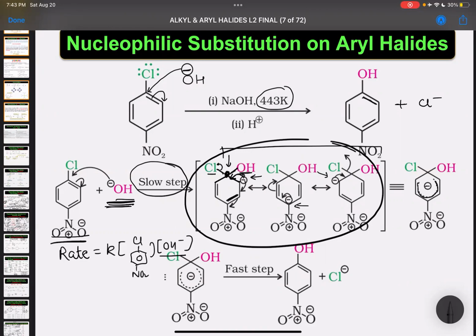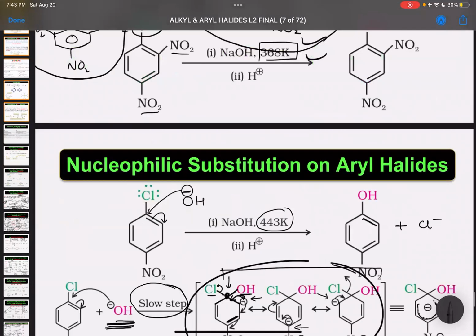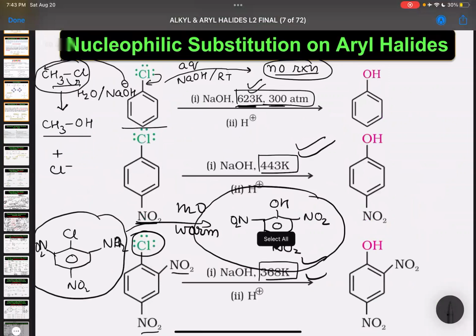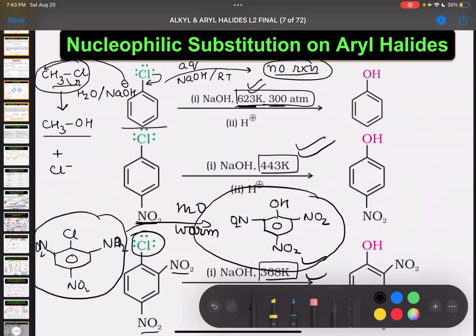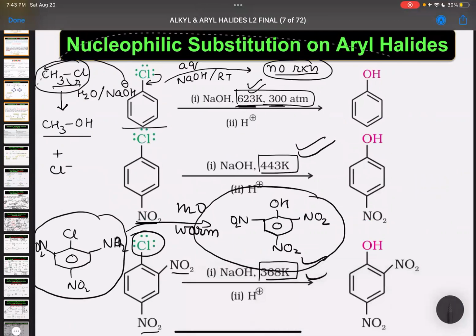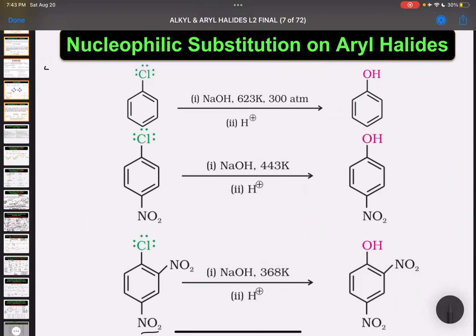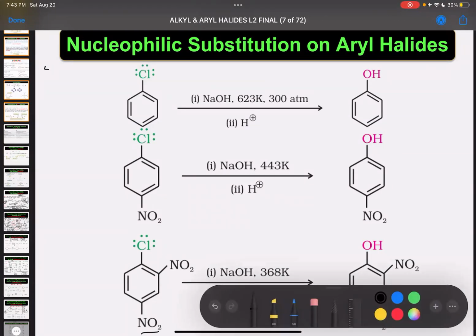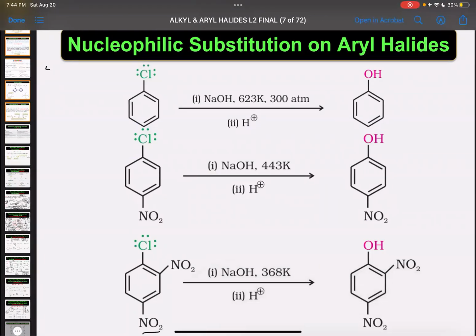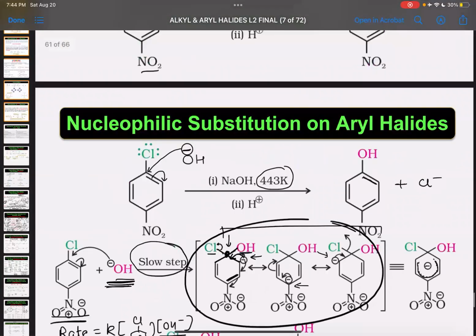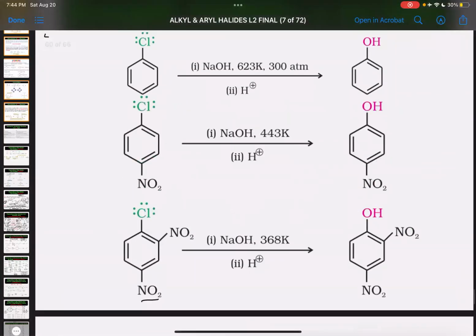Let me repeat the question: why is the presence of NO2 group making the benzene ring more reactive towards nucleophilic aromatic substitution reaction? That's my question. Why are the NO2 groups making the reaction happen in an easier way?